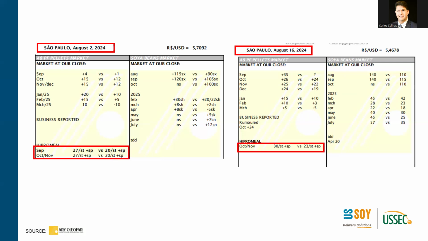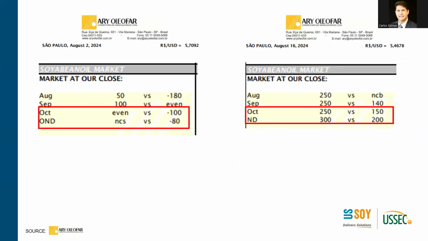Now, let's take a look at the soybean oil. Soybean oil has seen also a very good uptick. The values that were bid 2 weeks ago for October window were 100 under or 80 under. And certainly those bids today are close to 200 over to 150 over the December oil contract in Chicago.